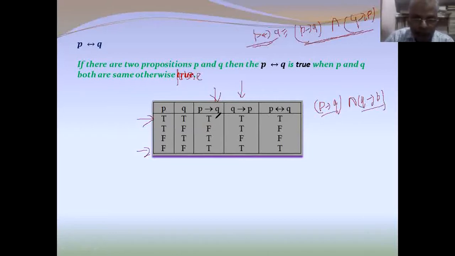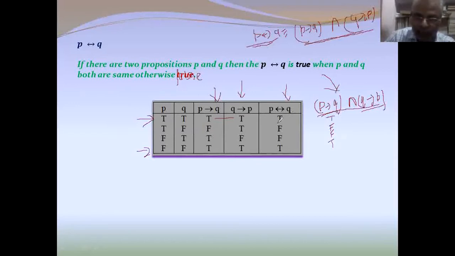So here both are true in the first row, so it is true. In the second row it is false and true, so it is false. In the third row it is true and false, so it is false, and in the fourth row both are true, so it is true. You can compare here the truth values of this formula and this formula.